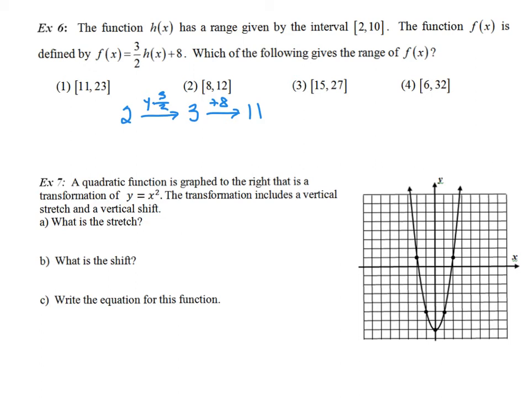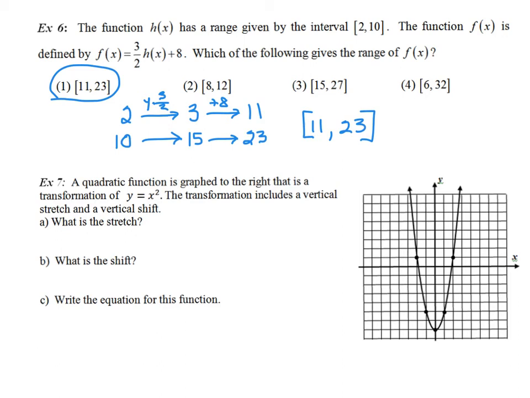Let's do the same thing to the other endpoint of the interval, 10. So multiplying by 3/2, that's giving me a new y value of 15. Adding on 8, that's giving us a new value of 23. So our new range is going to be the values from 11 to 23. So that's going to be choice number 1.